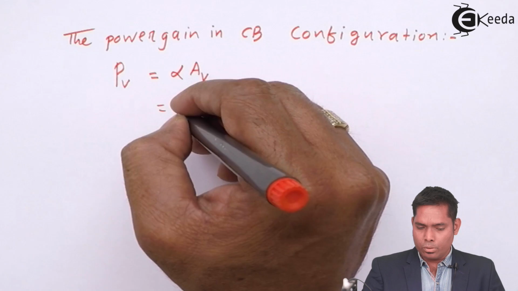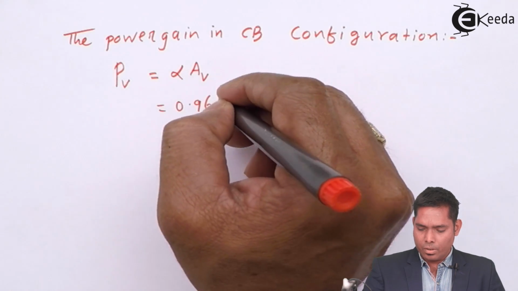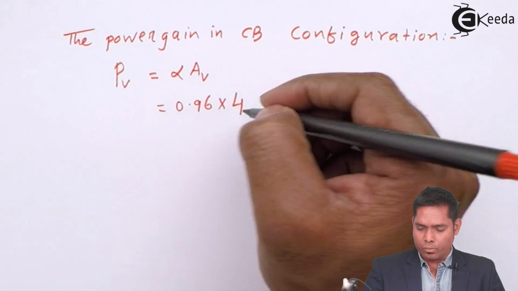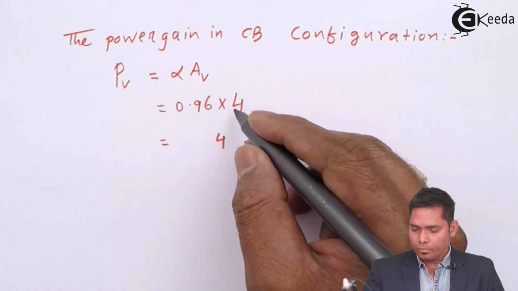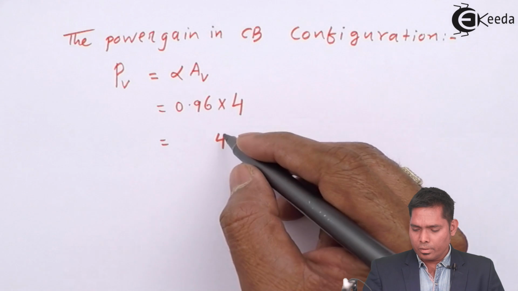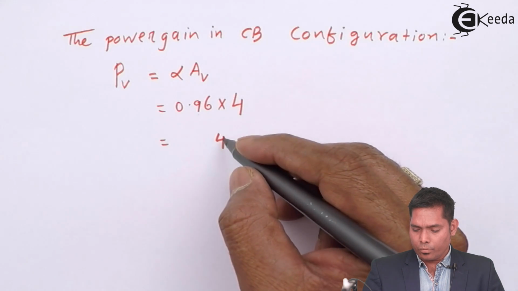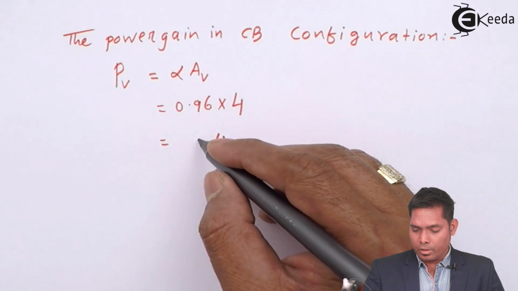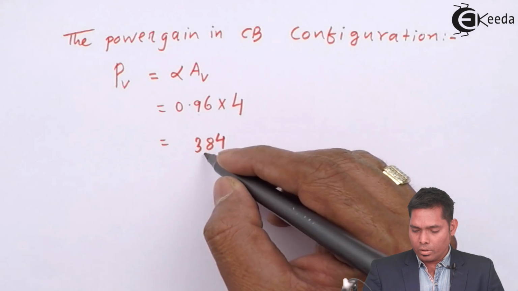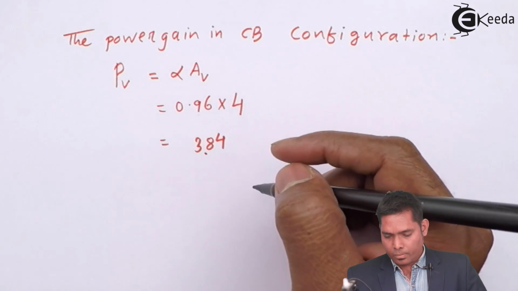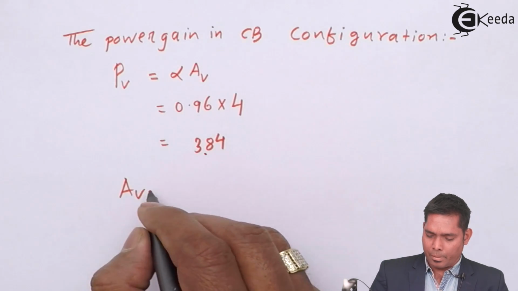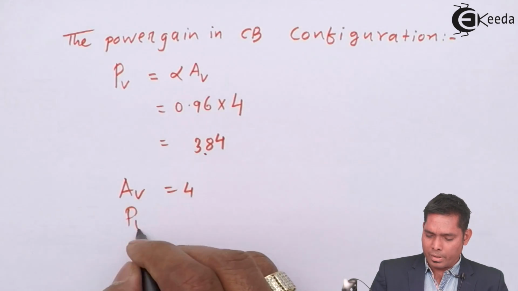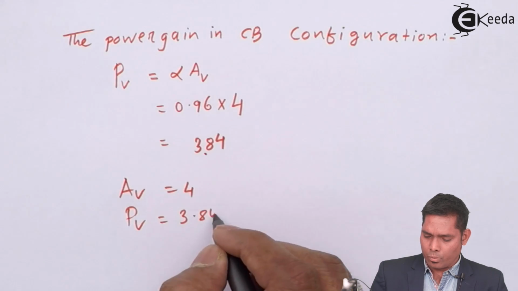Alpha is 0.96 into the voltage gain we got now as 4, which is 3.84. So the voltage gain is 4 and the power gain is 3.84.